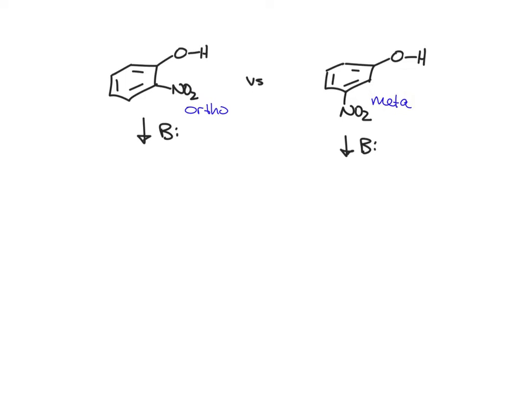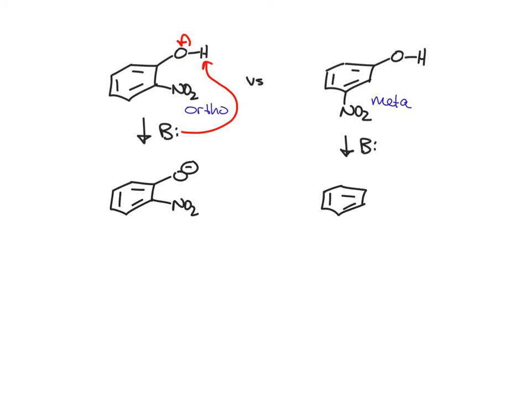In both cases, the best thing to do is analyze the conjugate base stability. So let's just think about the base coming over, taking the proton, and we'll draw out the conjugate base. Get O minus. We'll do the same thing over here.